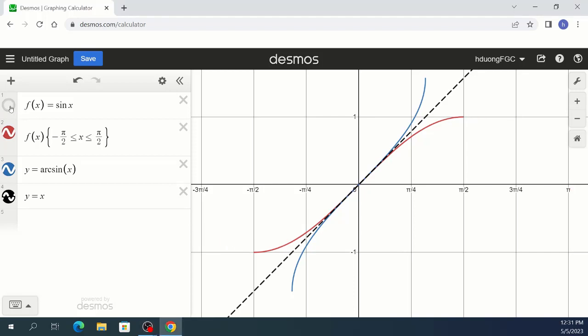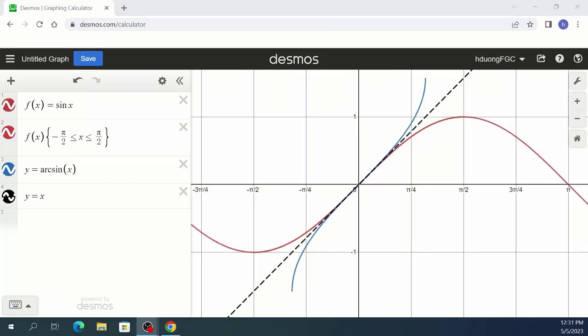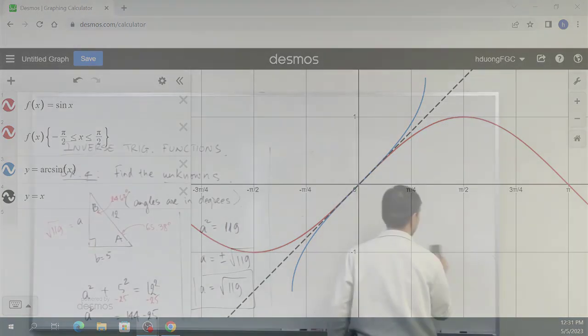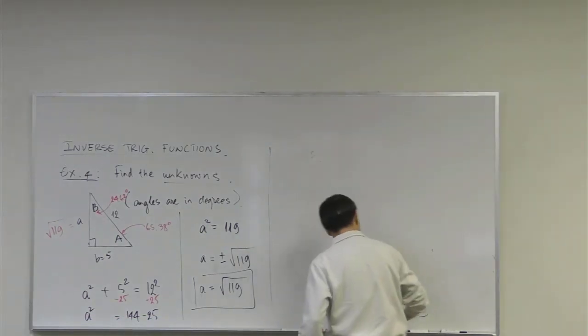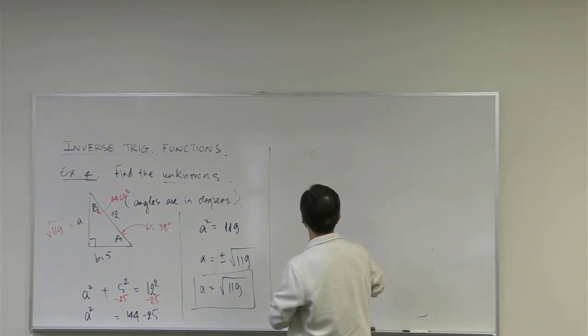That's the reason we choose it, so that when we take the mirror image, we have an existing mirror image through the 45-degree line. See what I mean? And so from now on, when you think about the graph of the sine inverse, we don't have to do too much transformation with the graph of the inverse trig function.